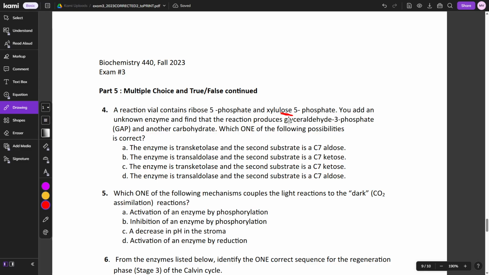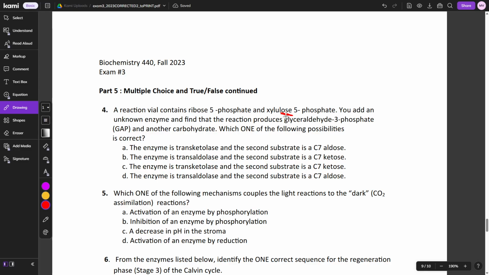So you add an unknown enzyme and you find that the reaction produces glyceraldehyde 3-phosphate and another carbohydrate. Which one is correct? We know that xylulose 5-phosphate and ribose 5-phosphate are both 5-carbon sugars, so we have 10 carbons total. If one of the products is glyceraldehyde 3-phosphate, we can't just delete the other 7 carbons. So we have to have a 7-carbon sugar as our product.